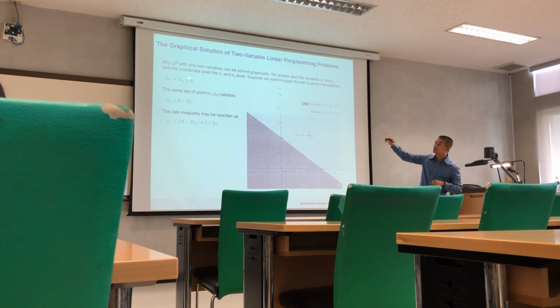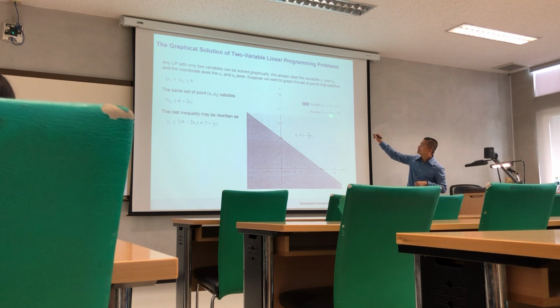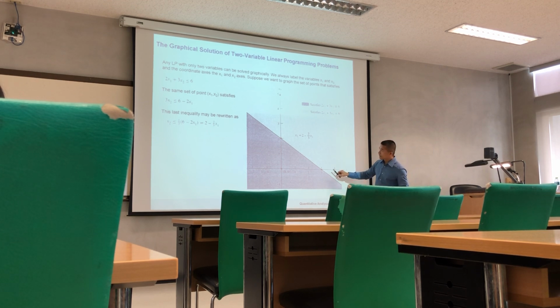And this lighter shade here will satisfy 2x1 plus 3x2 greater than or equal to 6. So we are looking at 3 different categories.